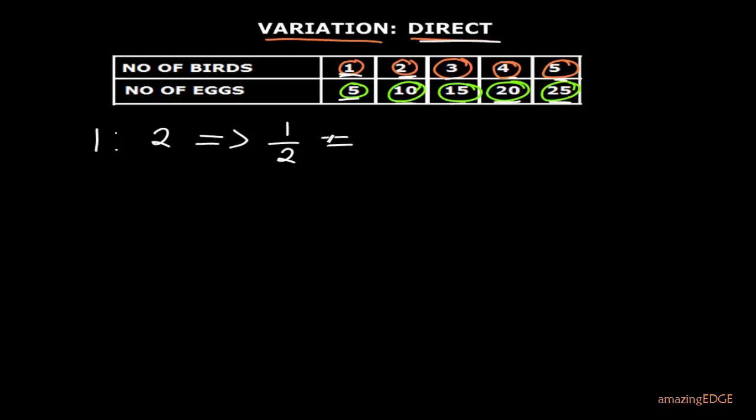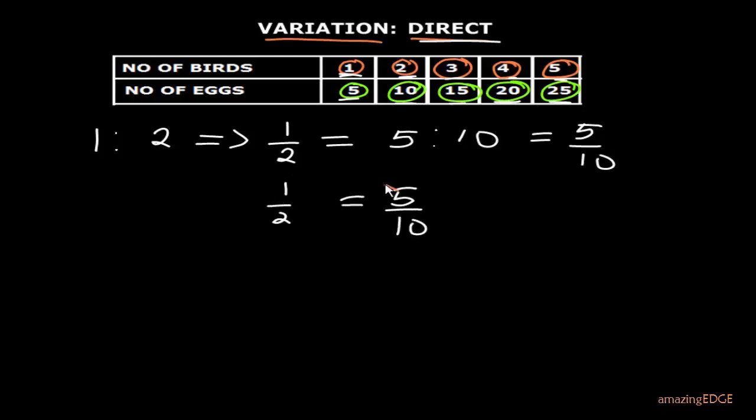Now this will also correspond to the ratio of the eggs. Here you consider 5 is to 10, which is the same as 5/10. So you now have that 1/2 is equal to 5/10, and this is indeed correct because 5 divides itself once, and 5 divides 10 giving you 2.